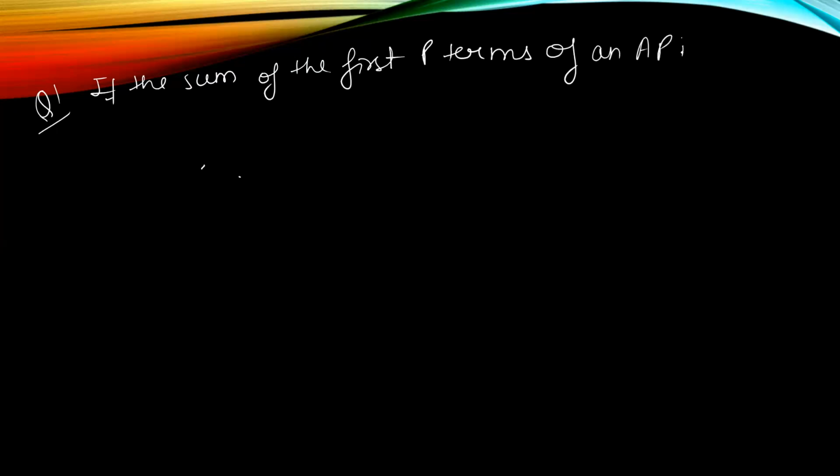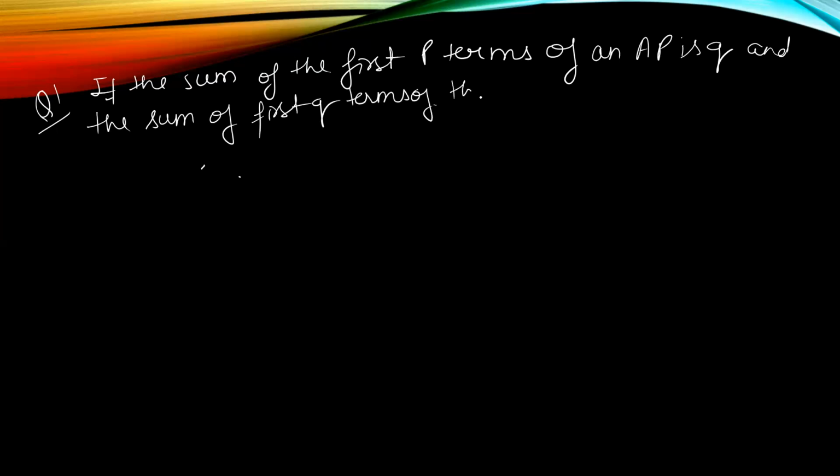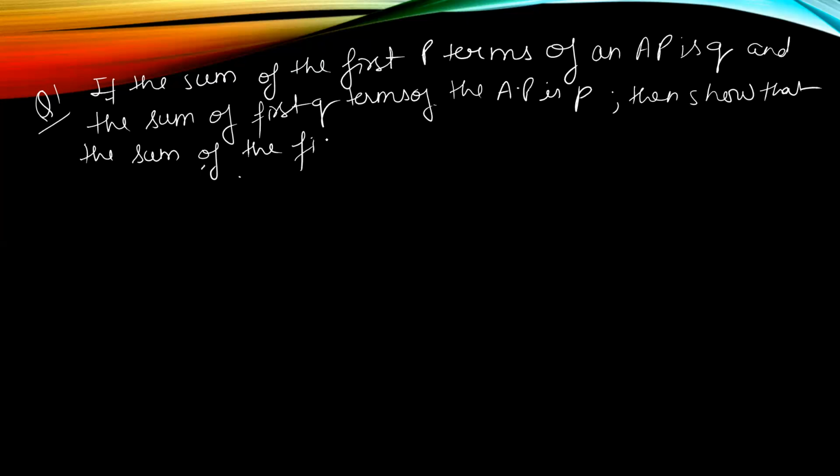So question 1, which I'm discussing here is, if the sum of the first p terms of an arithmetic progression is q and the sum of first q terms of the arithmetic progression is p, then show that the sum of the first p plus q terms is minus of p plus q.